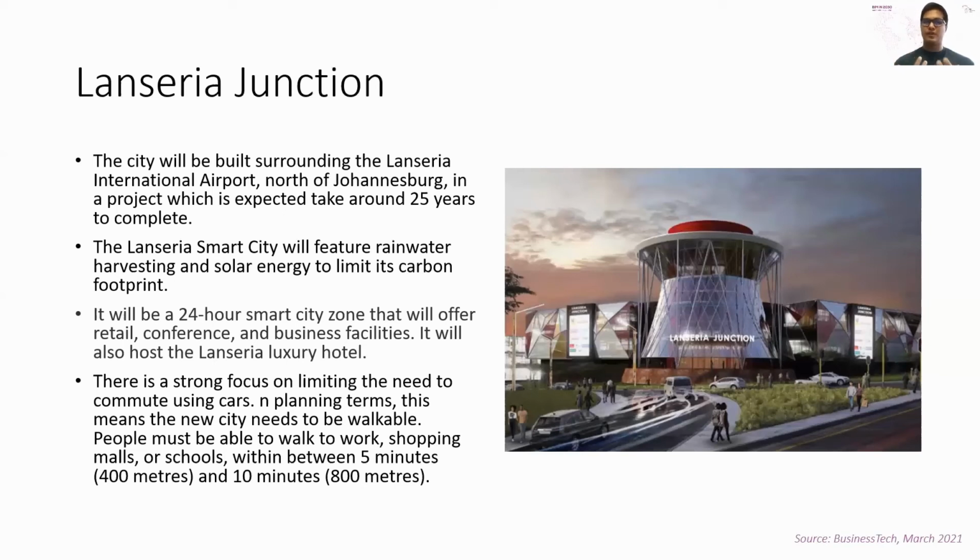Getting some good fresh air, walking, getting the blood pumping a little bit. I mean, it's really good. And to work on an 800 meter radius, using that type of distance is not bad at all. If you could walk to things, it makes things that much better. Okay, so you could see what Lanseria Junction is actually striving towards.